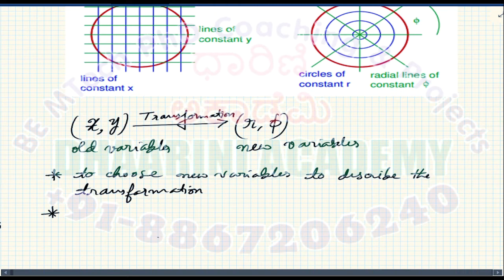The intersection of those lines gives rise to the coordinate system, right? Very similar to that, my second objective is to describe the function in the new variables.